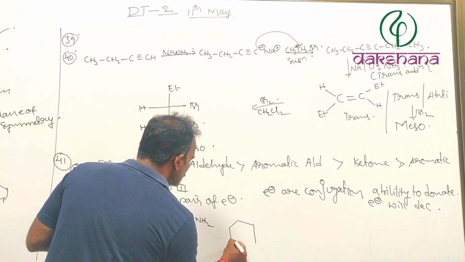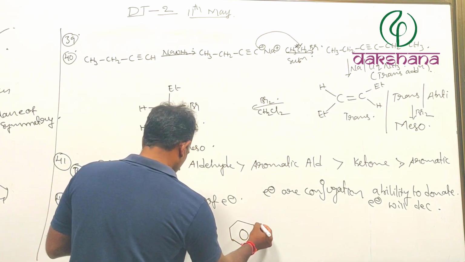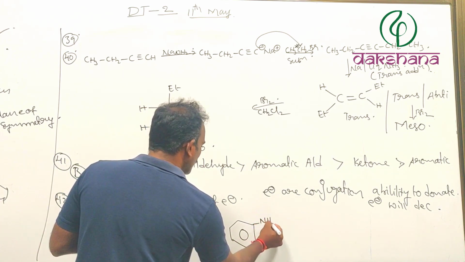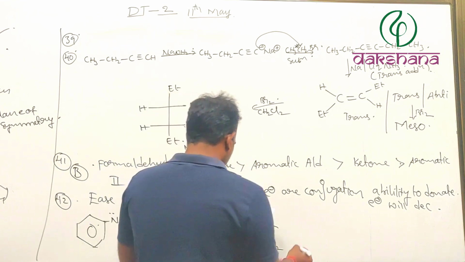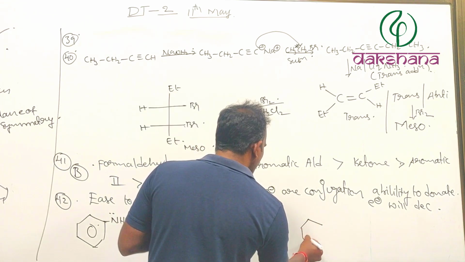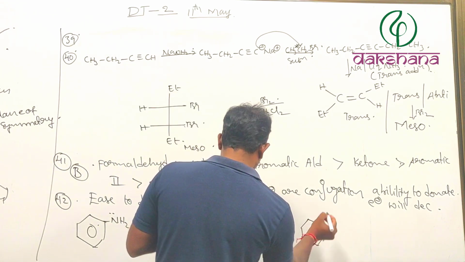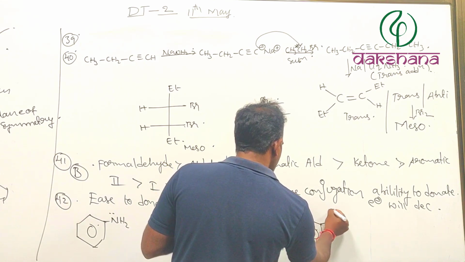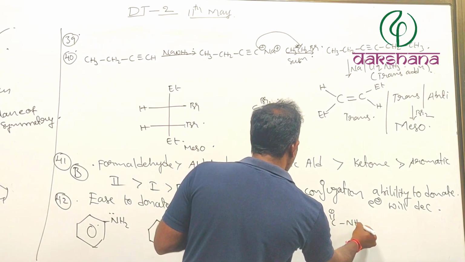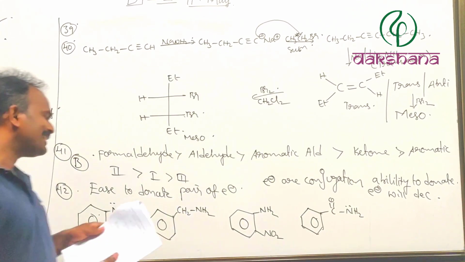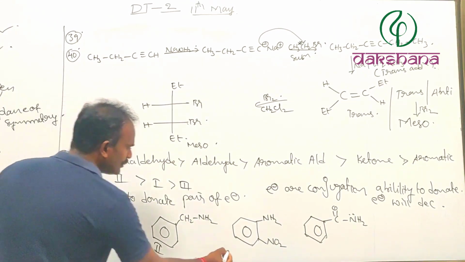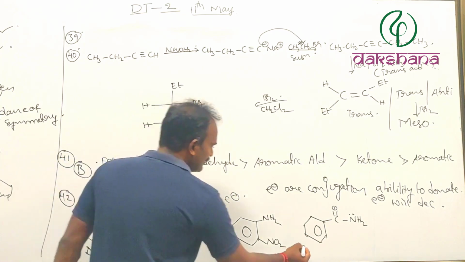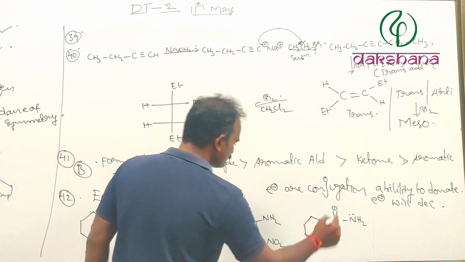The third compound is ortho-nitroaniline. And the fourth compound is going to be amide. Now let us see the ease of donation. 1, 2, 3, and 4.